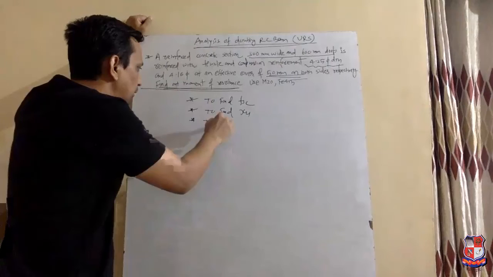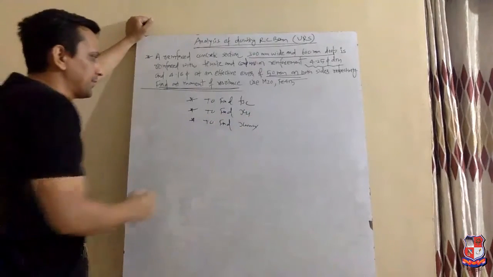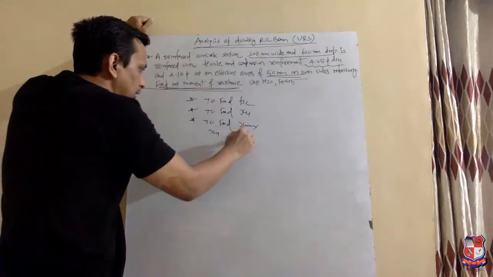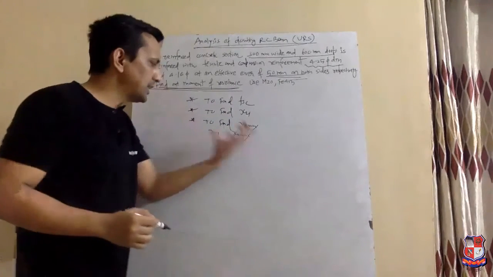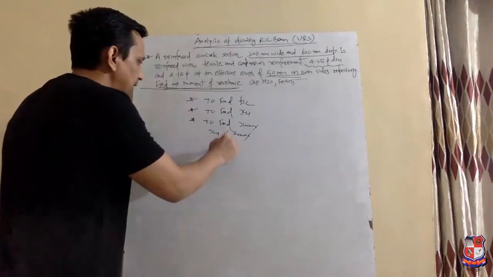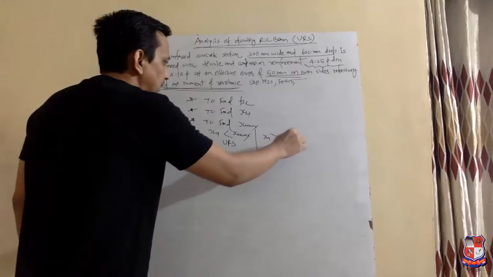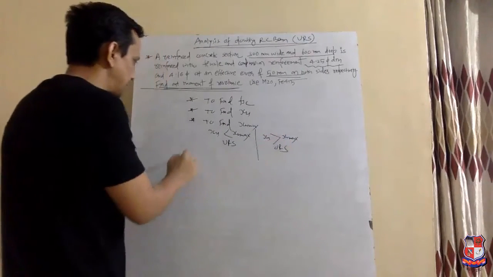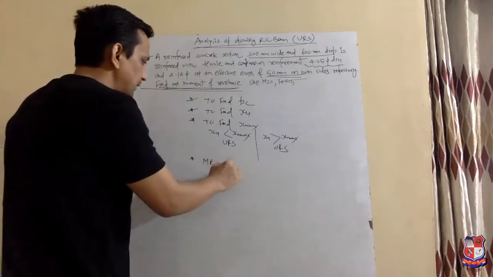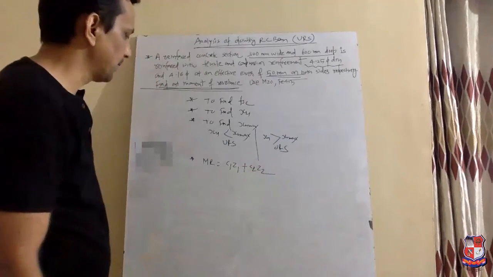Then, find the value of XU max and compare the value of XU with XU max. On the basis of that, if XU is less, it is URS; if XU is greater, it means it is ORS. Finally, moment of resistance is equal to C1Z1 plus C2Z2.